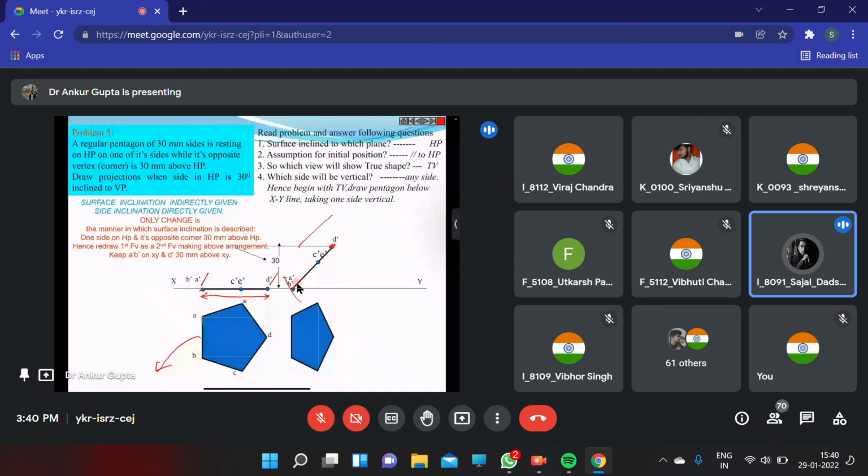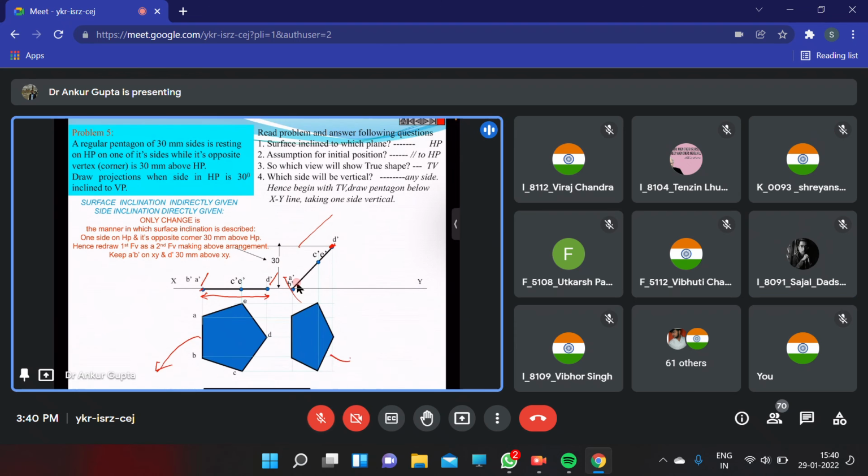We draw the projection and then we will just incline 30 degree. Same dimension figure, 30 degree inclined to VP. Same dimension, use it and incline it. We just replicate it, right? And incline it with 30 degree to VP. ठीक?